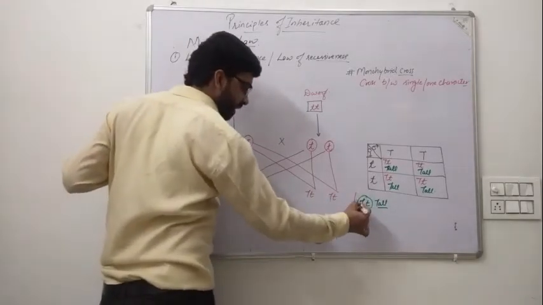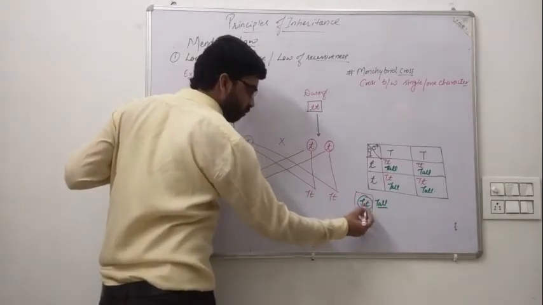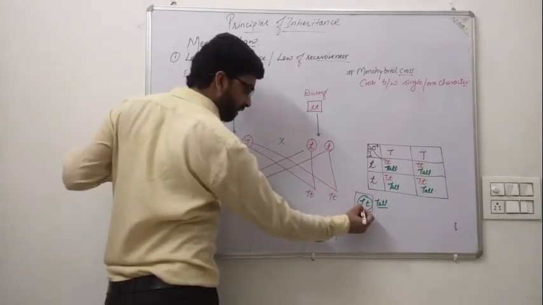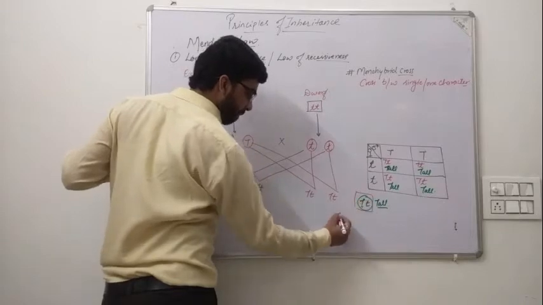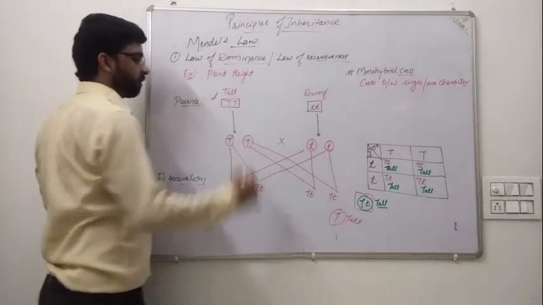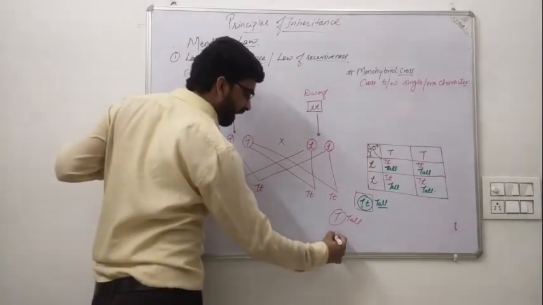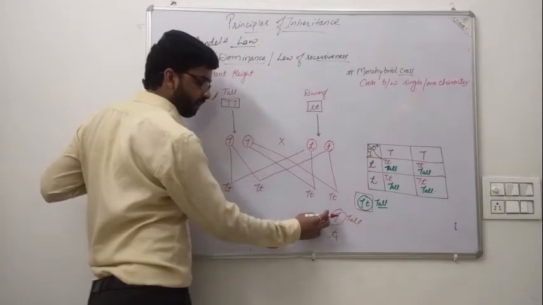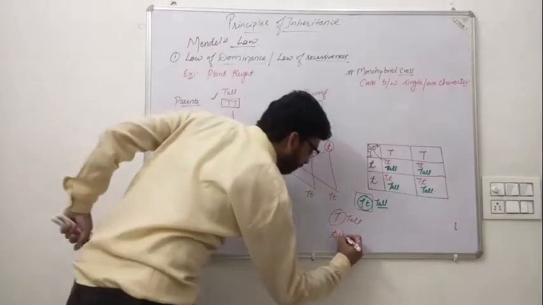The F1 generation has a heterozygous condition, meaning both alleles are different from each other. Here the tall character is represented by capital T, and the small t never expresses its character in the presence of capital T, the dominant character. It's a dwarf.